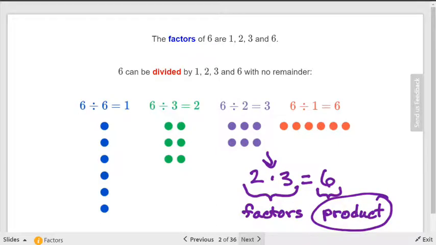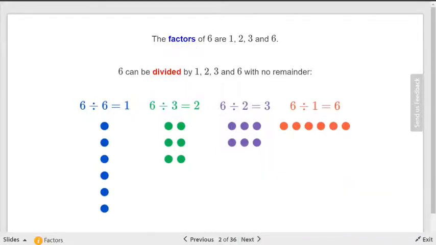The factors of 6 are factors because you can find them with division. Remember, if you create it with multiplication, you can take it apart with division. So when you're looking at factors, you're looking at taking things apart.